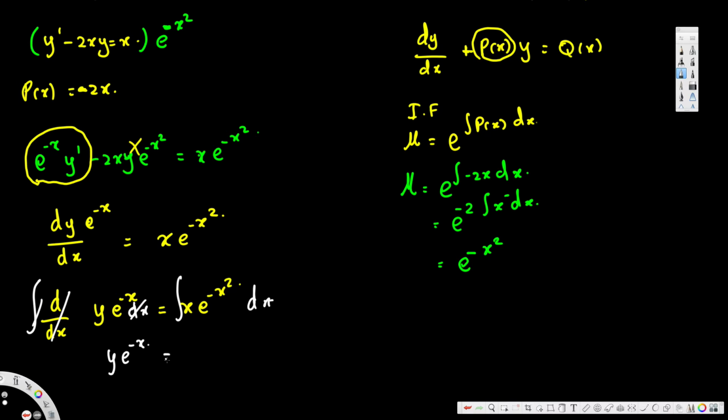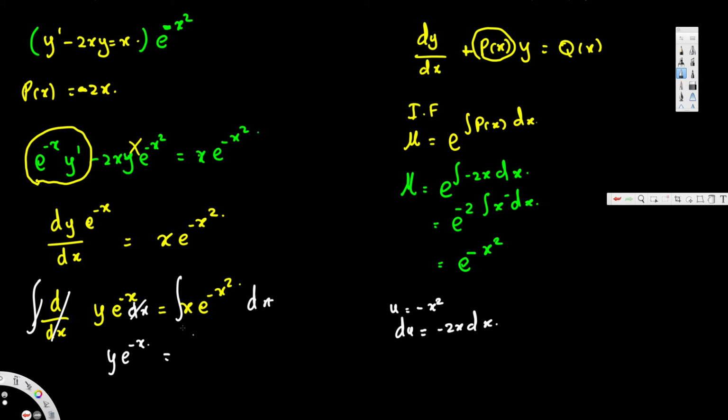On the other side, usually in this pattern you would do integration by parts, but for this one, if you notice e to the power negative x squared, the derivative is outside, right? So you can do a u substitution. Take u as negative x squared and du as negative 2x dx.